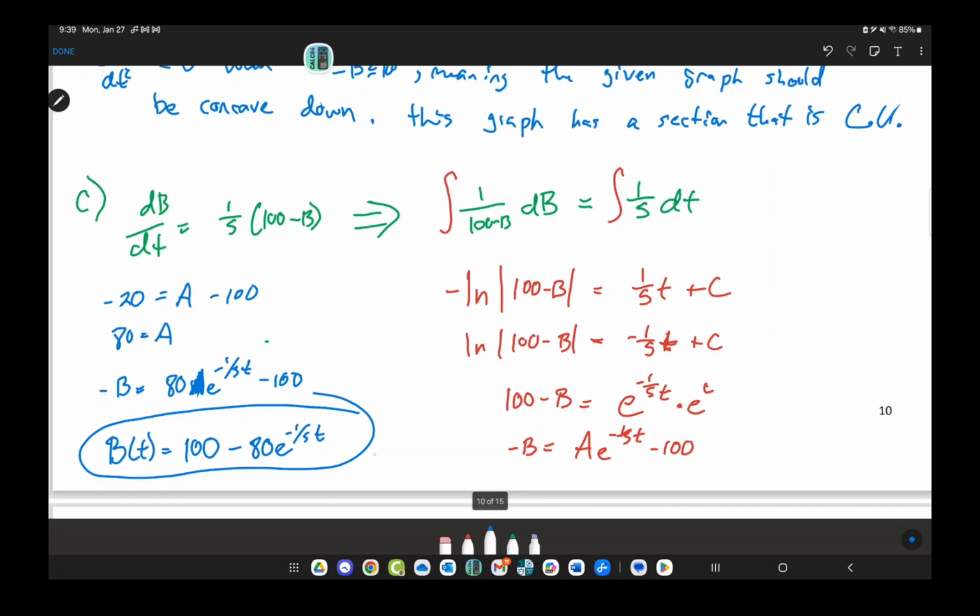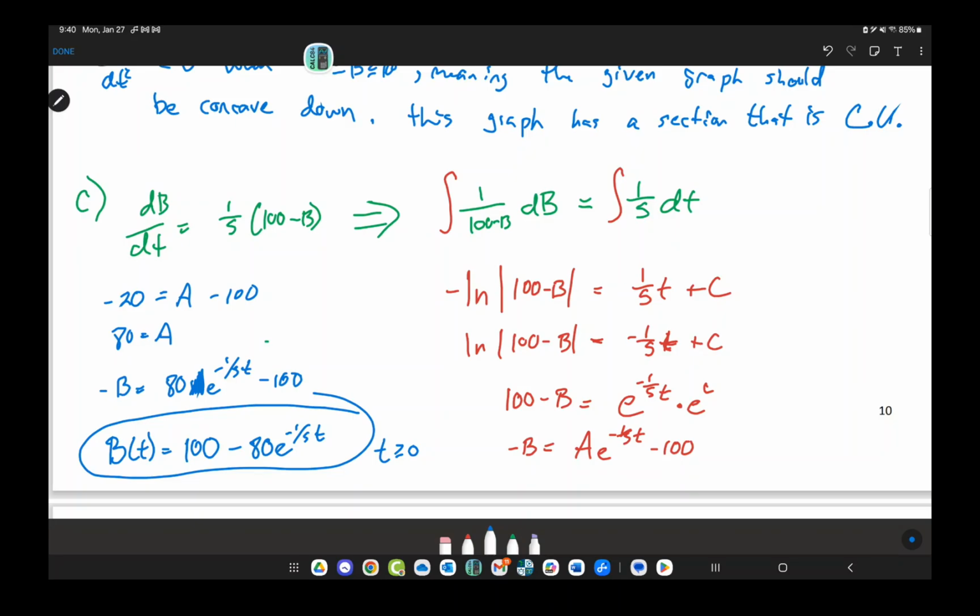Now in this case, t does have to be greater than or equal to 0, because you can't have negative time. All right, we good?